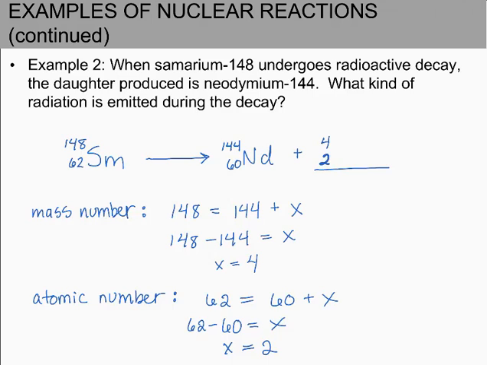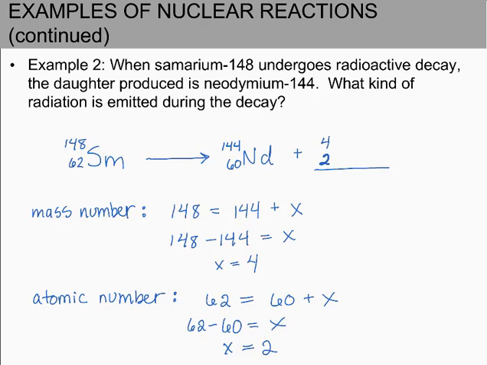All right, so thinking about the different types of particles that we saw earlier, we had alpha decay, beta decay, gamma radiation, positron emission, and electron capture.